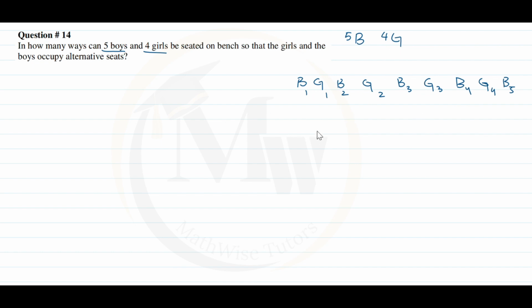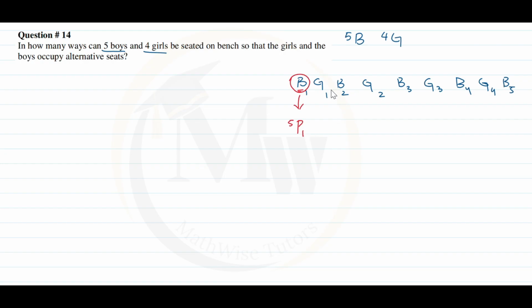So now we have to write the permutation of all these, and multiply the permutations of all. When we make the permutation for the first boy, there are total 5 boys, so from the 5 we are choosing only one.